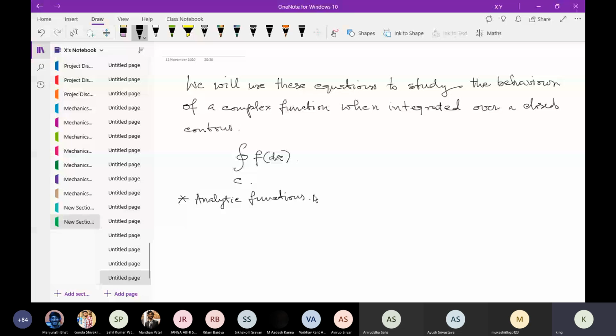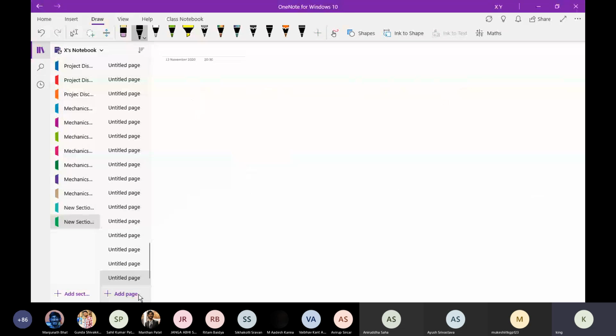Their properties are that they are single valued, and have unique derivatives, which means that the Cauchy-Riemann equations will hold true for them.